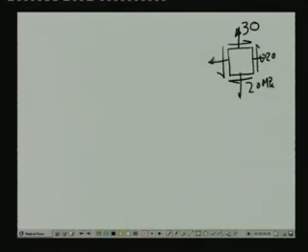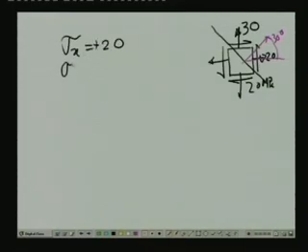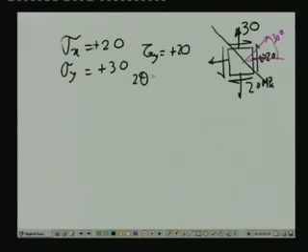Now, we have already seen the equations for transformation. We are interested to find out the stress on a particular plane which is at an angle of 30 degree with x axis. So, we have sigma x equal to plus 20, sigma y equal to plus 30, tau xy equal to plus 20, and 2 theta equal to 60 degree.